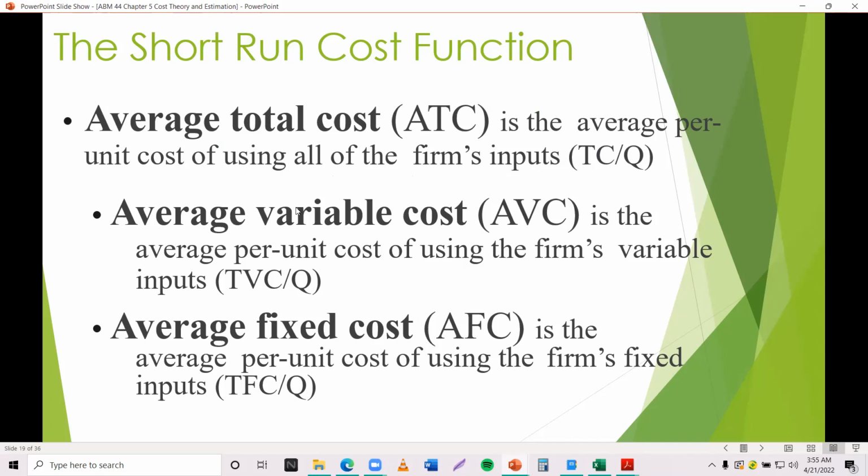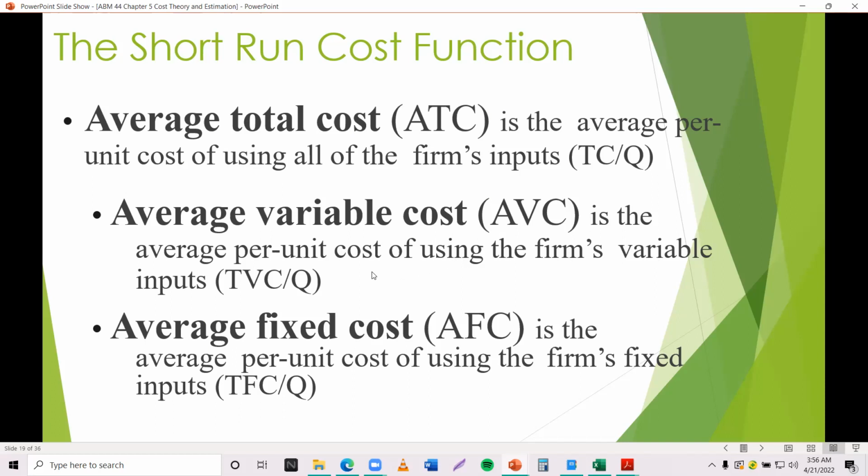Then we have average variable cost, that is AVC. It is the average per unit cost of using the firm's variable inputs. Earlier it was all inputs, that's why total, while for average variable cost, it is more like the variable inputs.